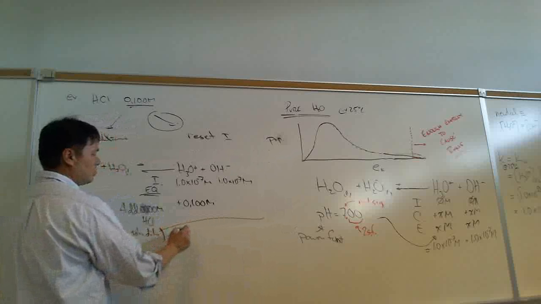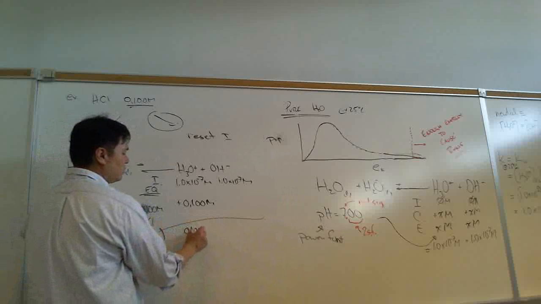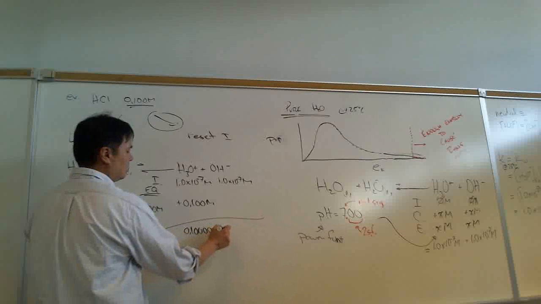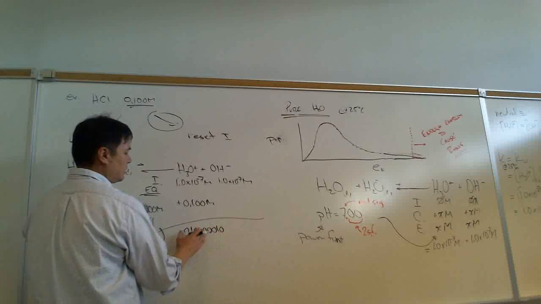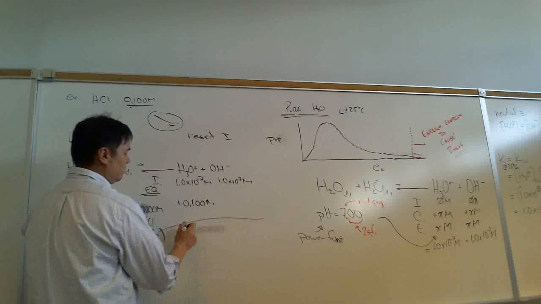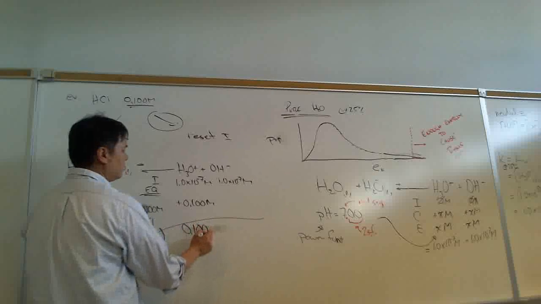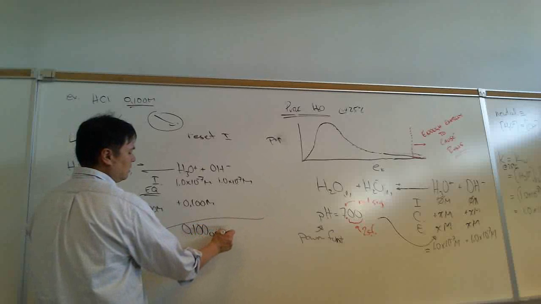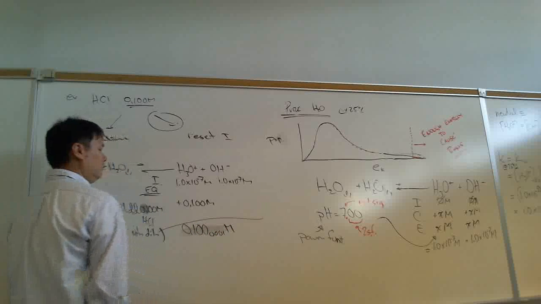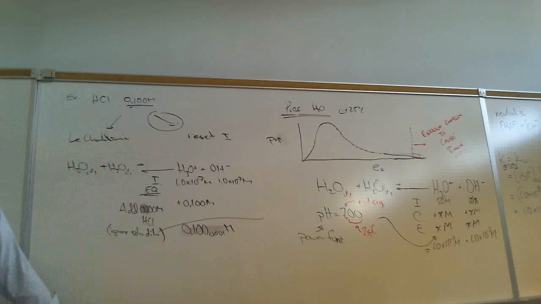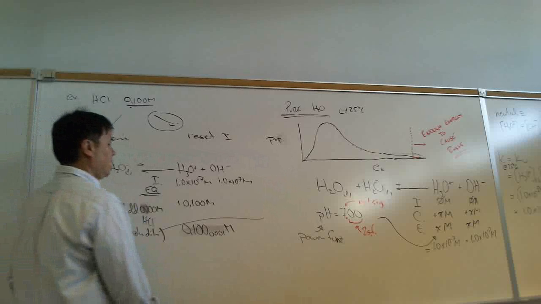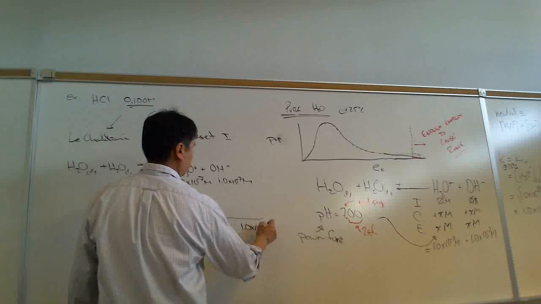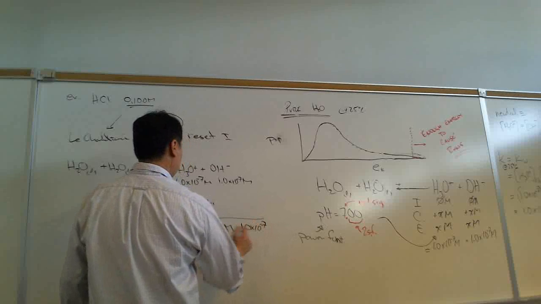Now I'm going to get new initials. My new initial is going to be 0.100. Actually, I'm not allowed that many sig figs. I need to subscript them. So 0.100, that's significant, and then the rest subscripted, 1 molar. Okay, which way?